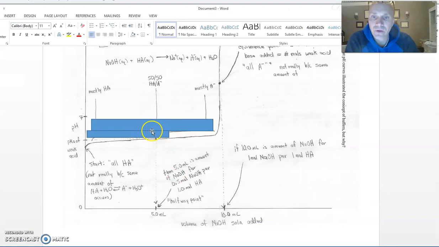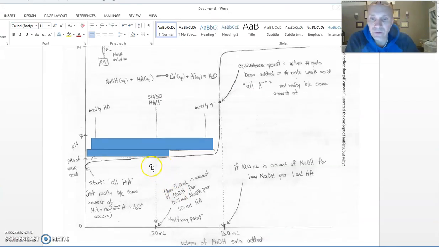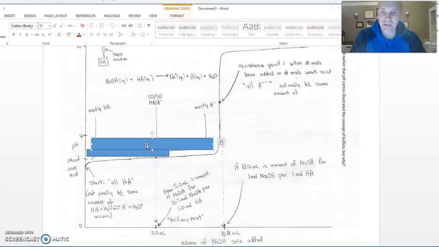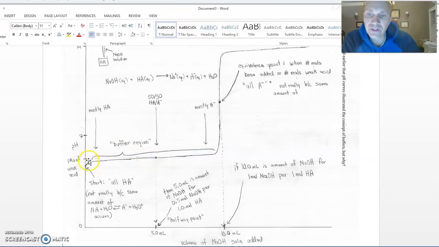So what does this have to do with buffers? If you think about what's going on in this region from here to here, think about what we're doing. You can add a significant amount of acid or base. Let's say that we added 1 milliliter. How much does the pH change during that distance right there? Not very much.